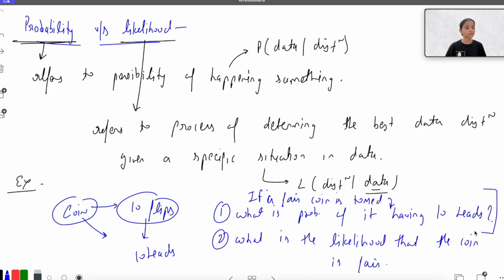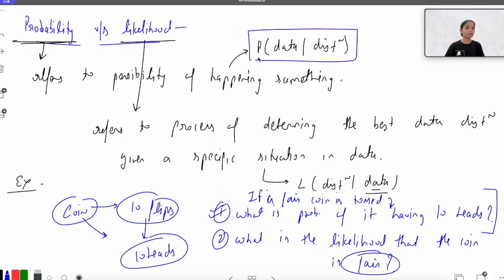That is the question corresponding to probability. In the second question, there is a coin which has been flipped 10 times and I am getting 10 heads, so what is the likelihood that this coin is fair? The question is whether the coin is fair or not, given the data that I have collected. In the first we already know the coin is fair and want the probability of getting this data.